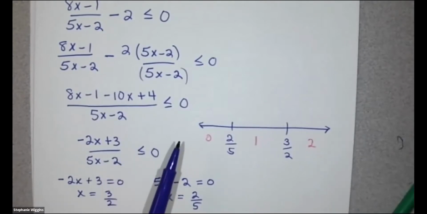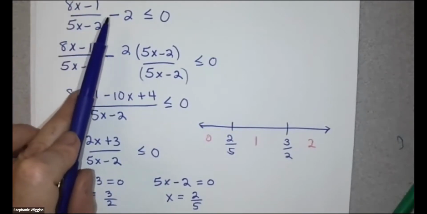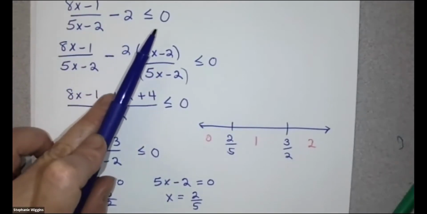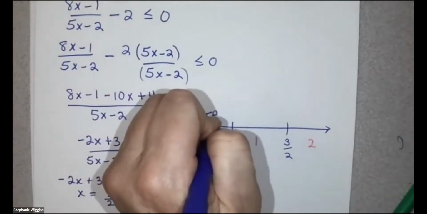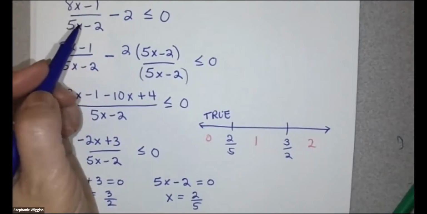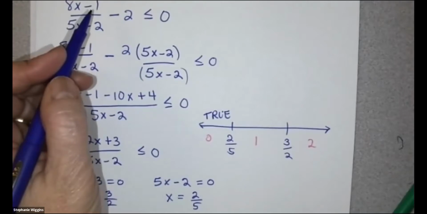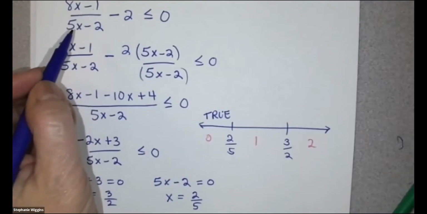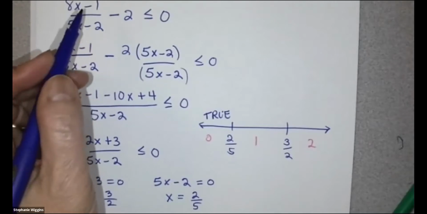So plugging 0 into my original, it becomes 1/2 minus 2. Is that less than or equal to 0? Yes, 1/2 minus 2 is less than or equal to 0. So that's going to be true. Then I plug in 1. 1 is going to give me 8 minus 1, that's 7, and 5 minus 2, that's 3.